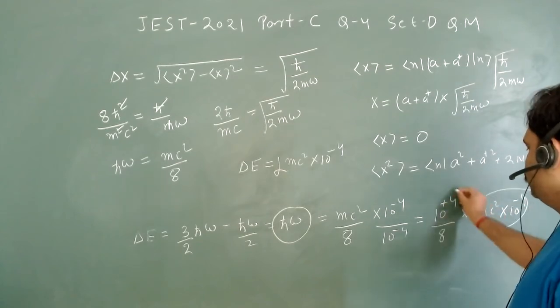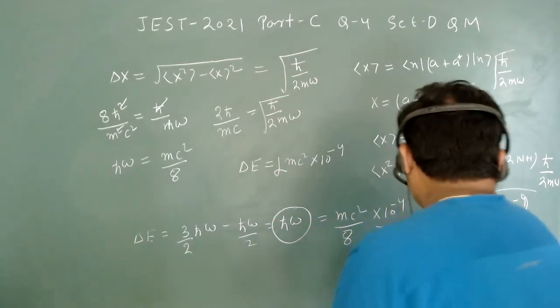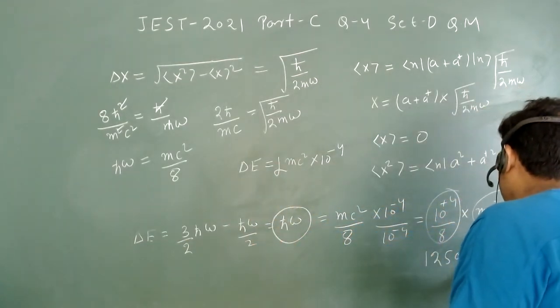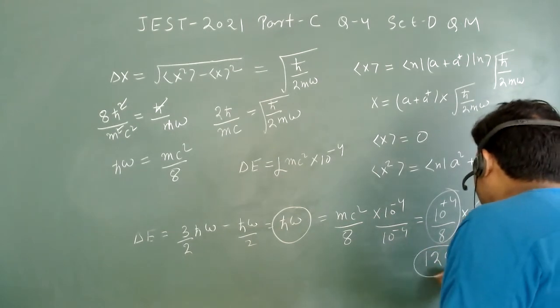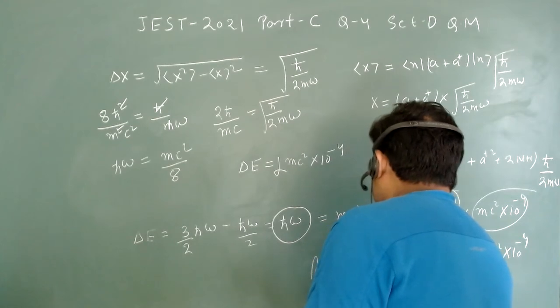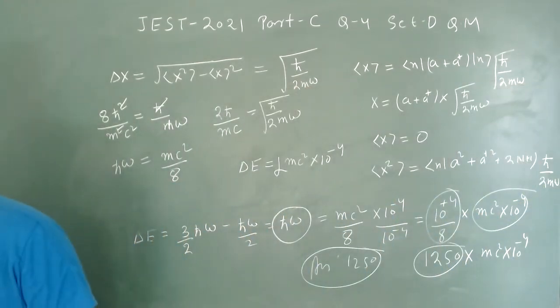You can easily calculate this particular value, which is 1250 into mc square into 10 to the power minus 4. So your answer is 1250. This is a typical answer, and you can easily calculate this.